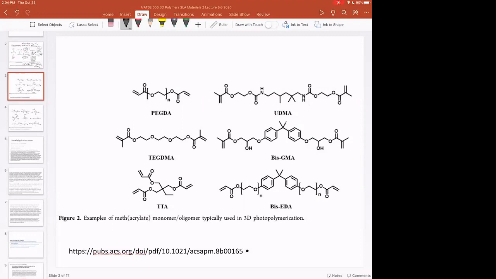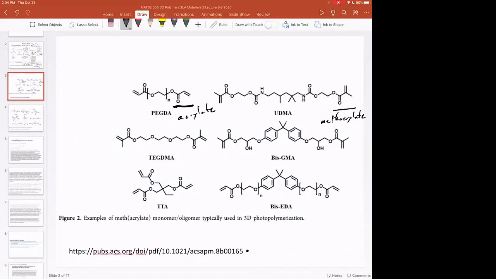And so we have different chemistries in these acrylate and methacrylate monomers. So this is a methacrylate, of course. This is an acrylate. And there's a bunch of different chemistries that can be used.